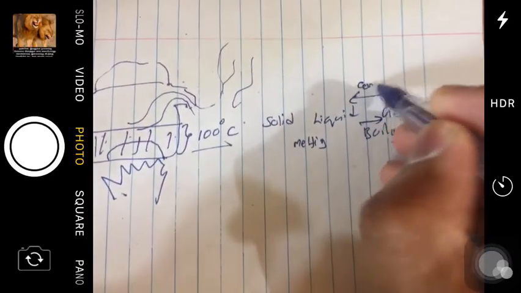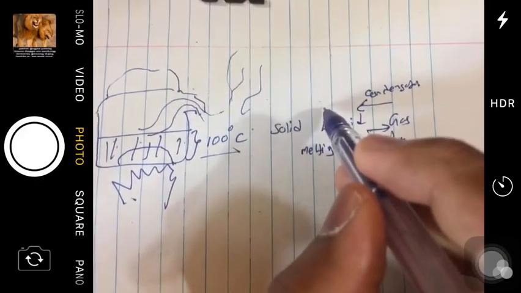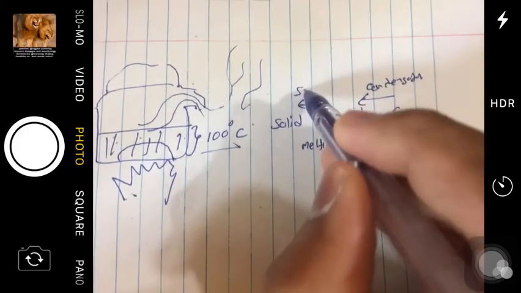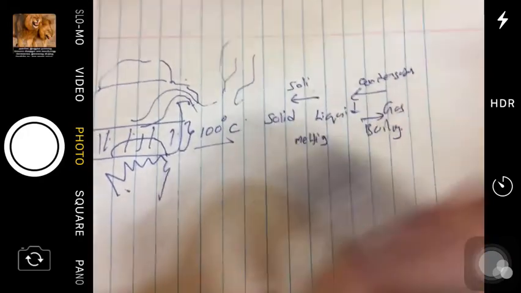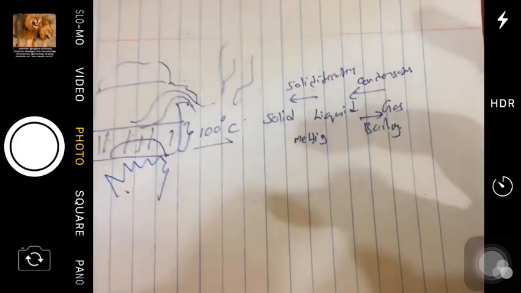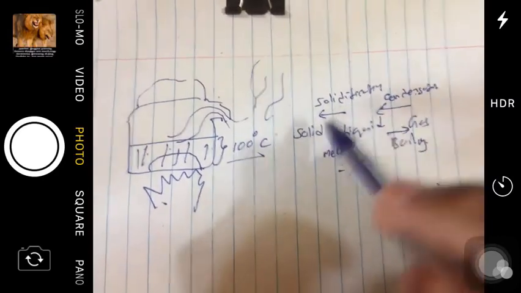We call it condensation. And the liquid can lose energy and can become solid. We call it solidification. Okay, so melting, boiling, condensation, solidification.